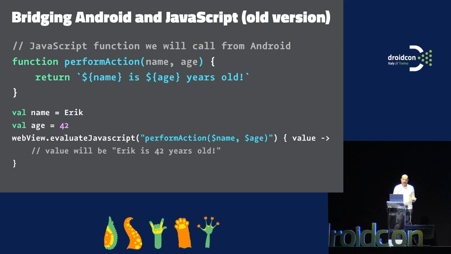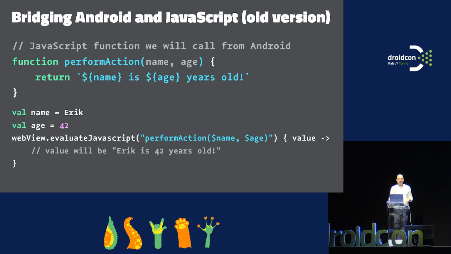On the Android side, we call evaluateJavascript, and you have the string that you build up matching the actual invoke call. So this is basically an eval function, and eval is evil. So you should not do this. This is bad practice, but this is the only way we used to be able to do this.